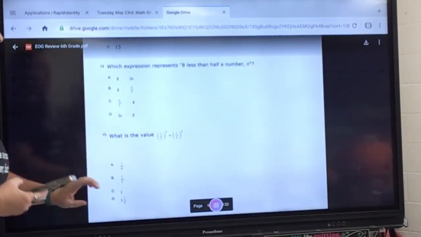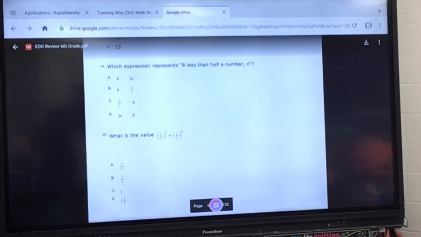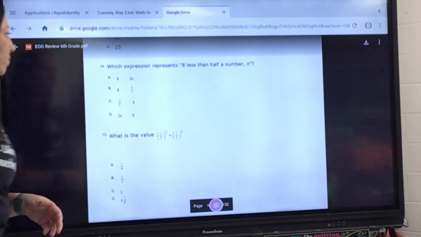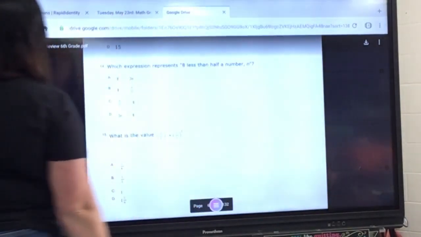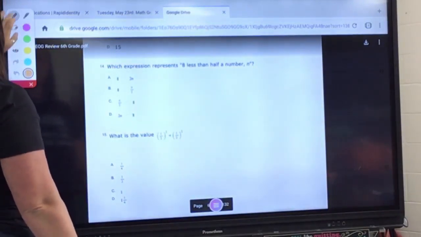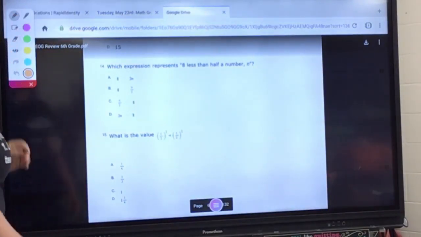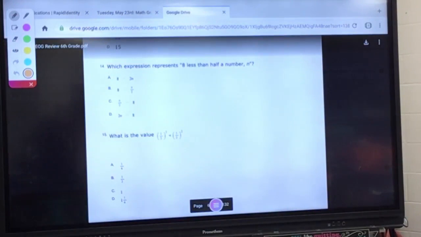All right, we're going to stop after number 14. All right, it says which expression represents 8 less than half a number n?